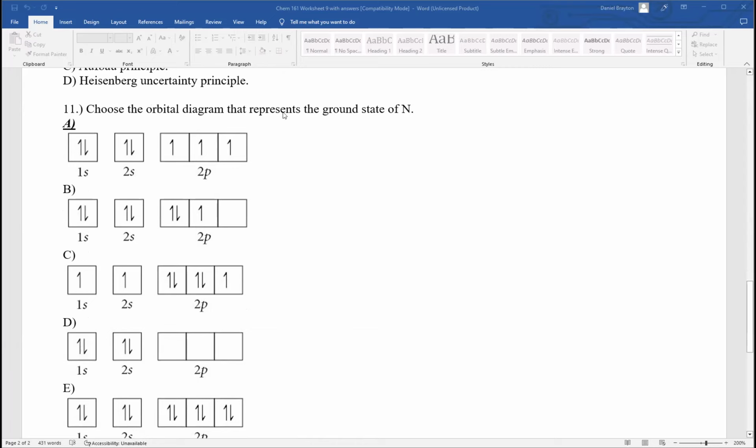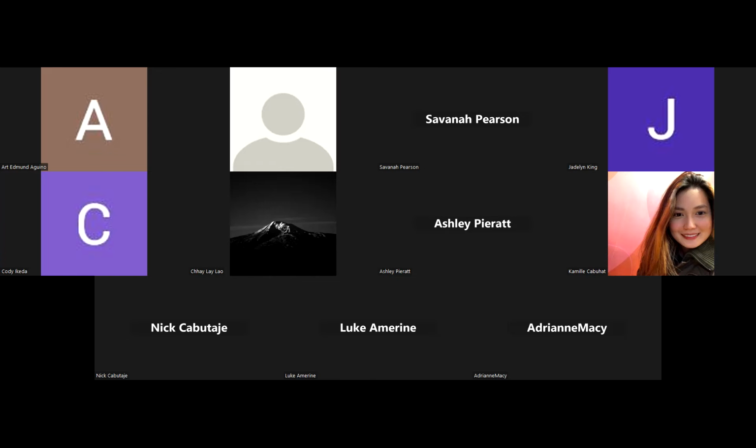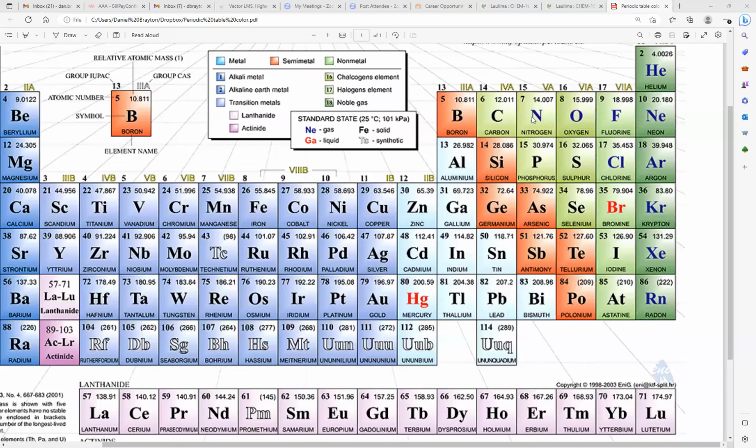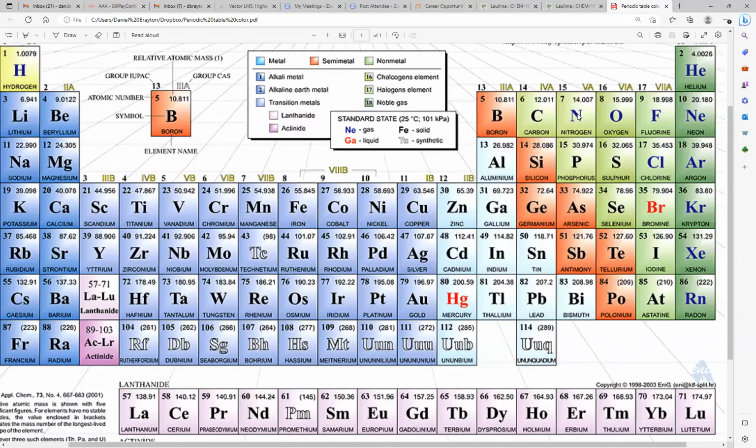All right, but 11 is a good example. The orbital diagram that represents the ground state of nitrogen. Where's nitrogen in the periodic table? There's 1s, there's 2s. You come over into 2p, and it's the third element in the p block.